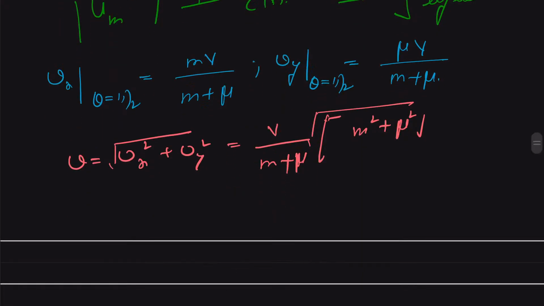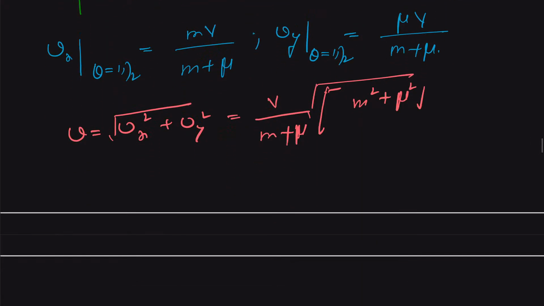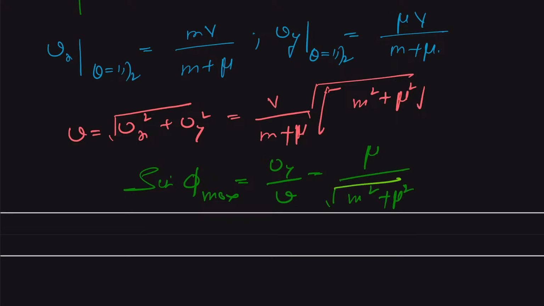So it means that sine phi maximum will be equal to the y component and its net magnitude. So this gives us mu upon the square root of m square plus mu square.